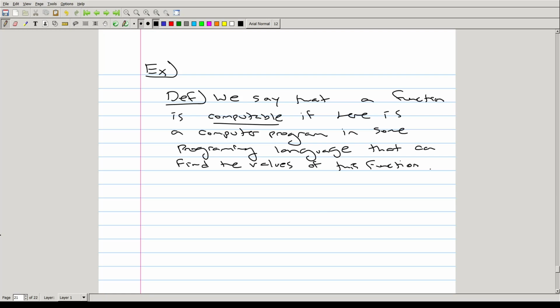And likewise, if a function is not computable, then we say it's uncomputable.